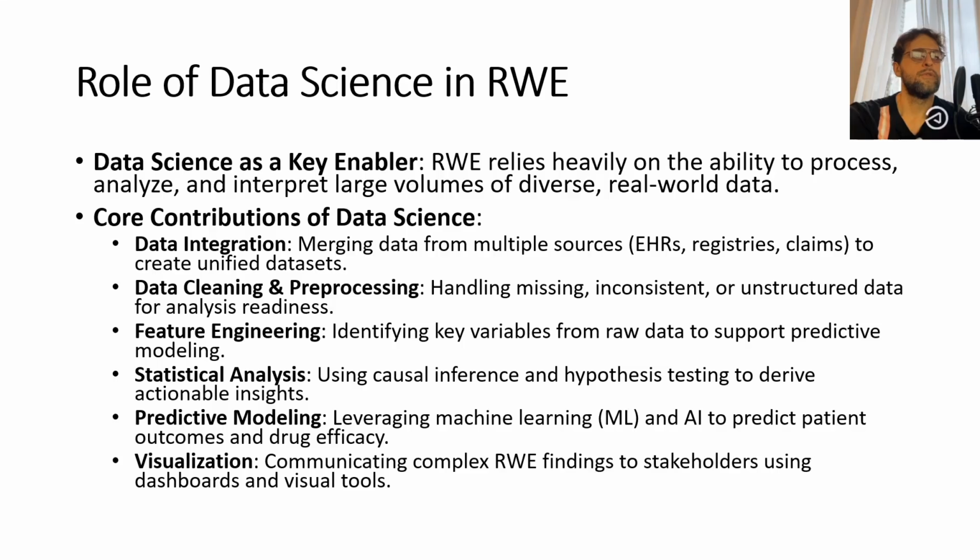And of course, we'll use statistical methods here, utilizing causal inference and hypothesis testing to derive actionable insights from this data. Predictive modeling is also quite common in this field. We're using machine learning techniques to predict patient outcomes and drug efficacy.